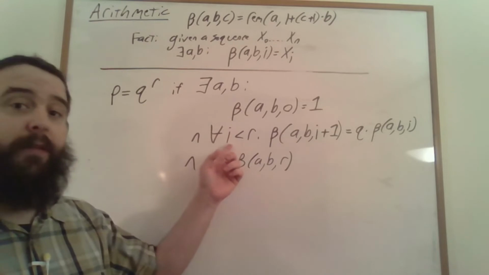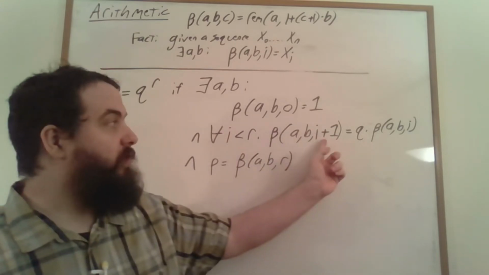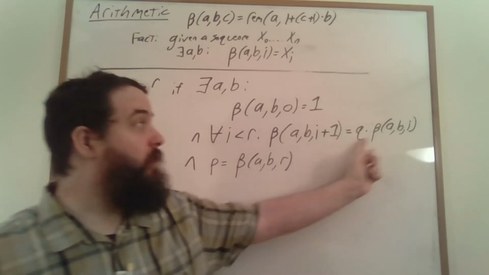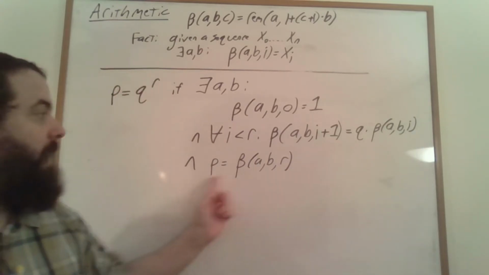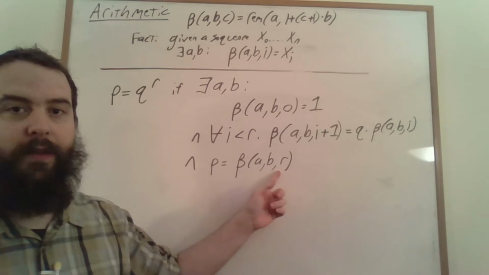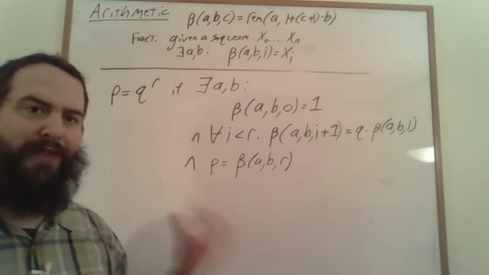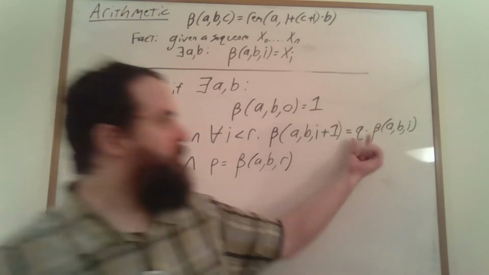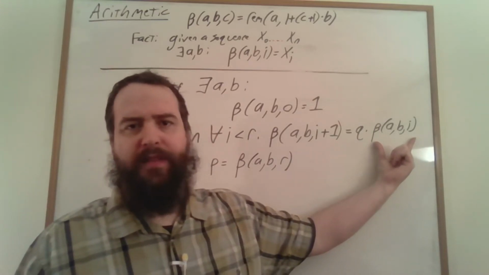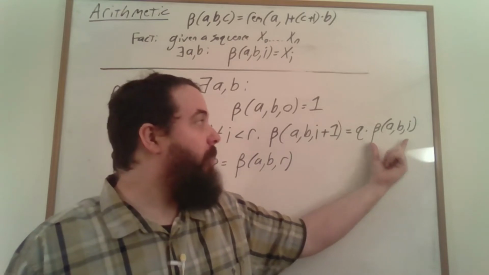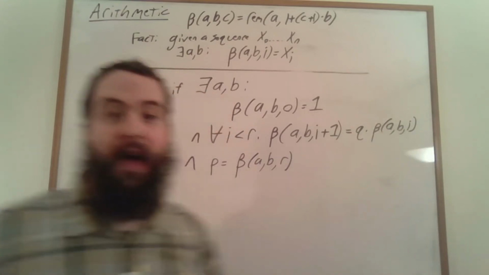For each element of the sequence, the i plus first element of the sequence is q times the ith element of the sequence, and p is the rth element of the sequence. And of course, if you wanted to do some other sort of recursion, you could just replace this q times by whatever function you can describe in this particular logic, applied to beta of a b i.